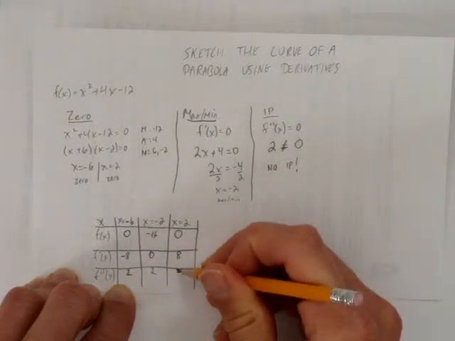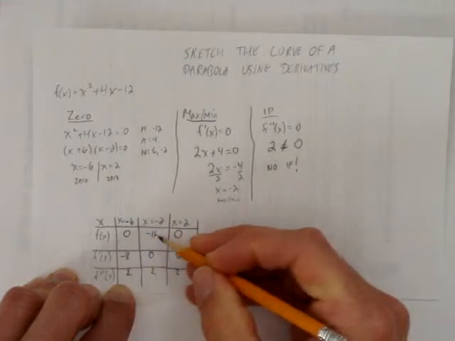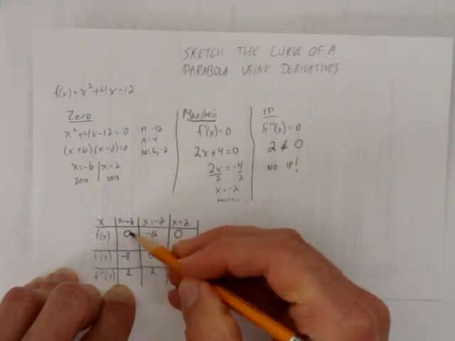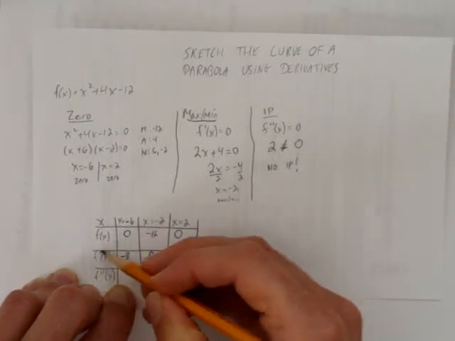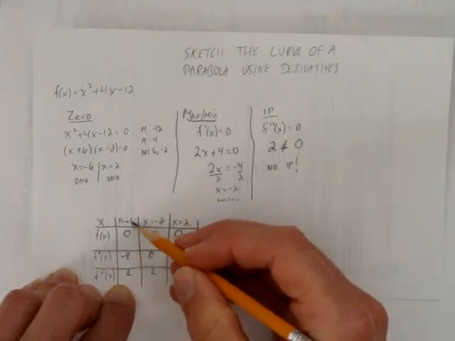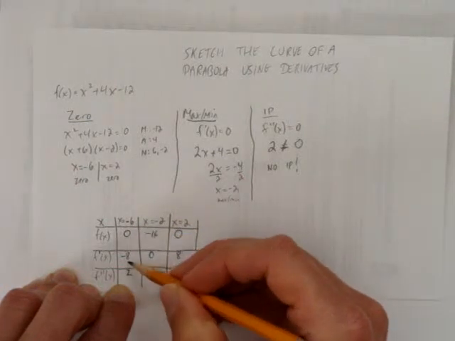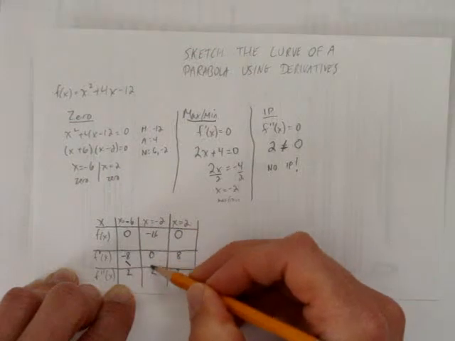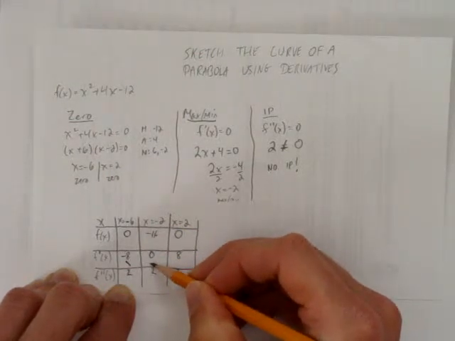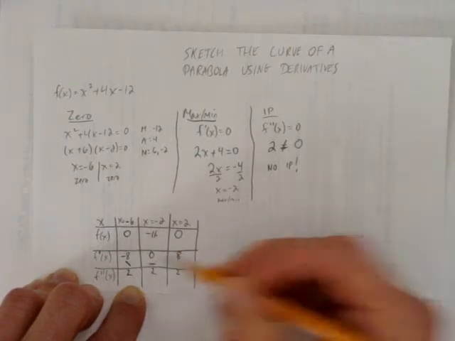So what does all that mean? Well, the f of x values tell us a point. It tells us at this x, here's the y. At this x, here's the y. At this x, here's the y. The f prime of x values tell us at x equals negative 6, this is sloping downwards. At negative 2, the slope is 0. It's a flat slope, a turning point.